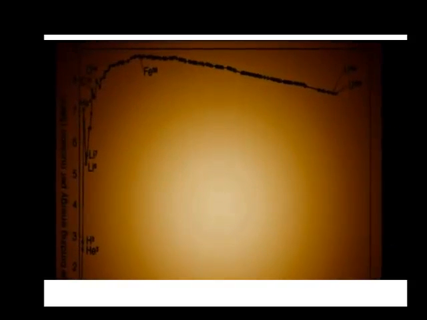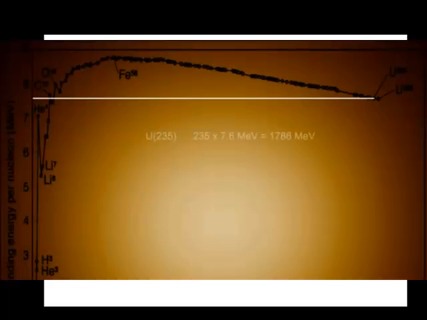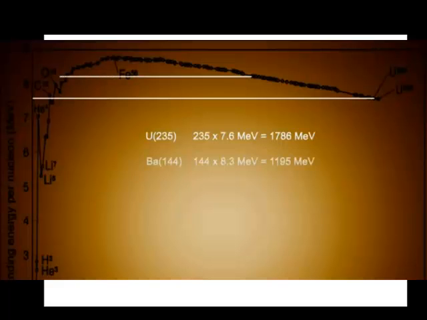Now let's consider what this means from an energy perspective. According to the binding energy chart, uranium has 7.6 MeV of binding energy for each nucleon, for a total of 1,786 MeV, while barium-144 has 8.3, and krypton-89 has 8.8.